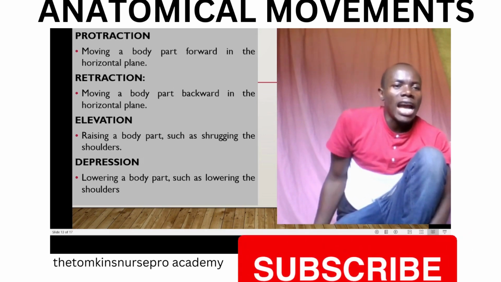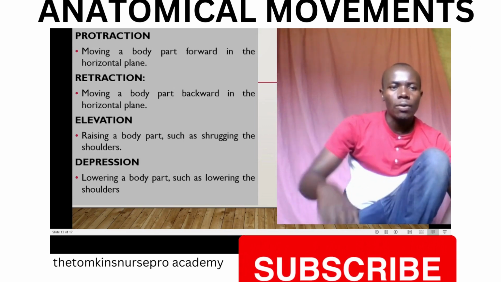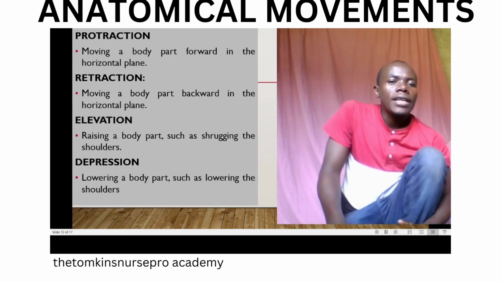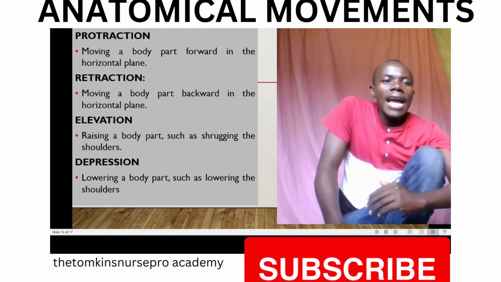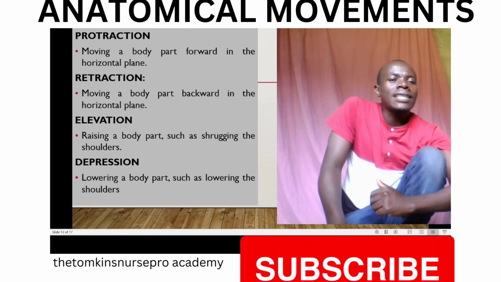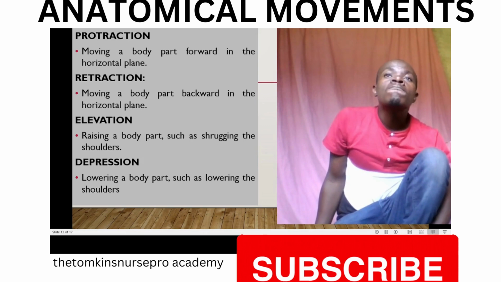Next, we have protraction and retraction. This happens in a horizontal plane, guys. Protraction is moving the body part forward in a horizontal manner, and retraction is moving the part backward in a horizontal manner.